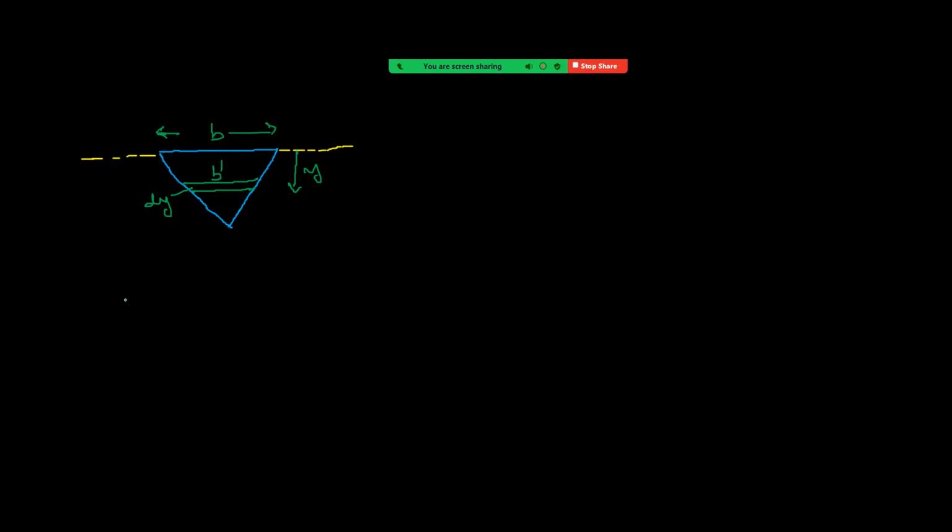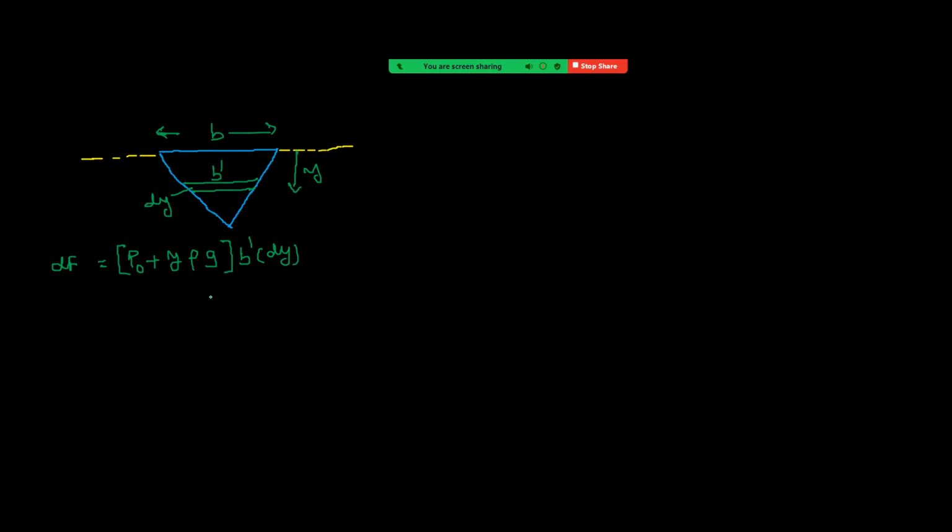Now we can write the force acting on the rectangle as df, that is equal to pressure, p naught plus y rho g, into the corresponding area. It is now a rectangle, its length is b dash and breadth equal to dy.